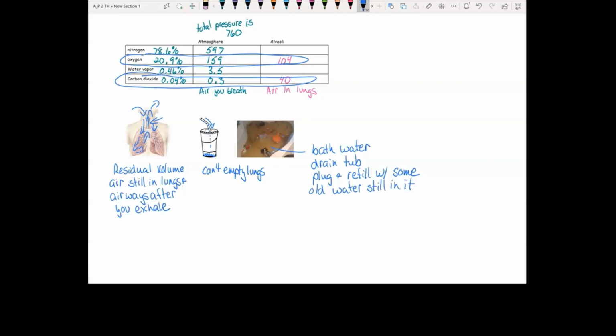Now, your next bath is a mixture of the old water and the fresh water. That's what happens when you breathe. This is the fresh water, or the fresh air you breathe in. But then it gets in your lungs and it mixes with the old air from your last breath.